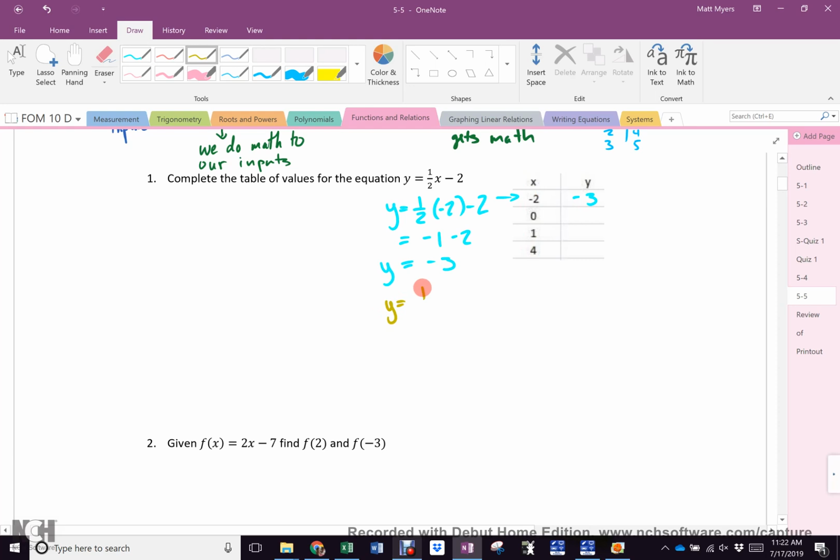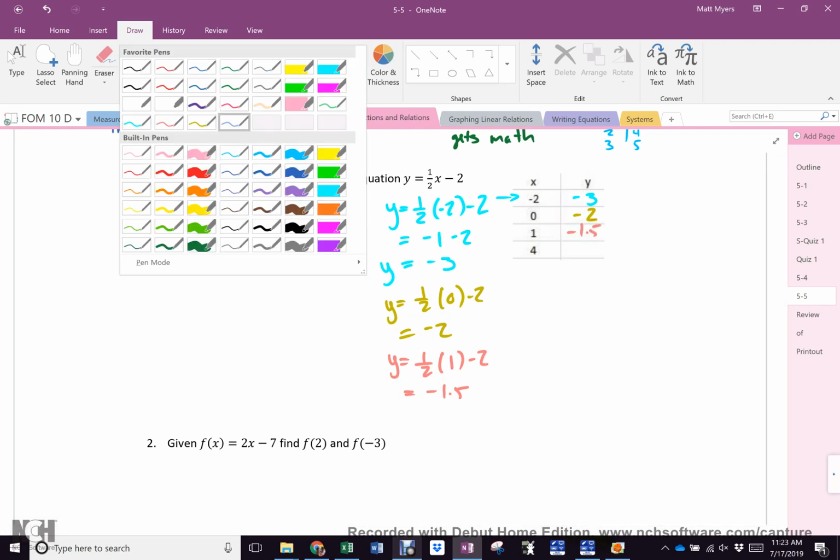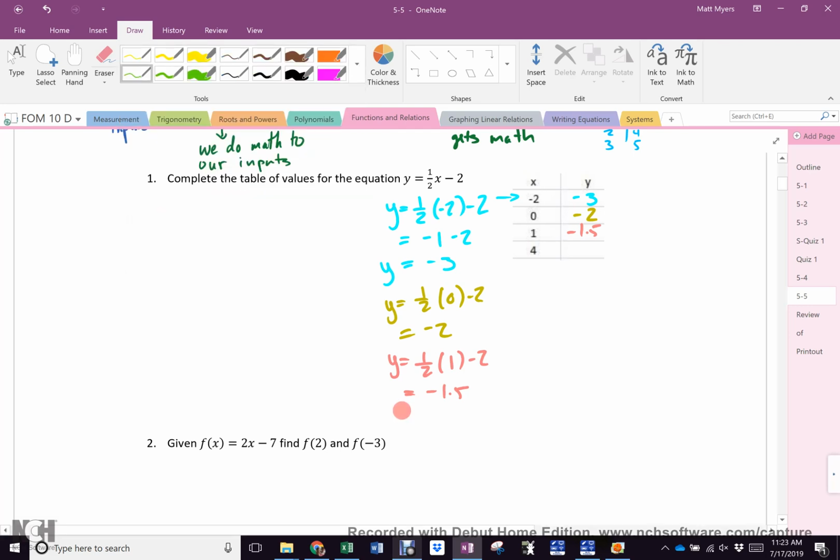Y would equal 1/2 times 0 minus 2, so y would equal -2. Y would equal 1/2 of 1 minus 2, so y would equal -1.5. And finally, y would equal 1/2 of 4 minus 2, which would be 0.